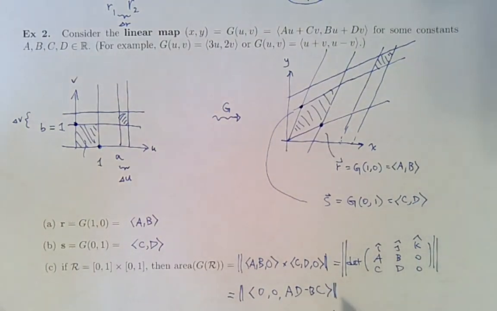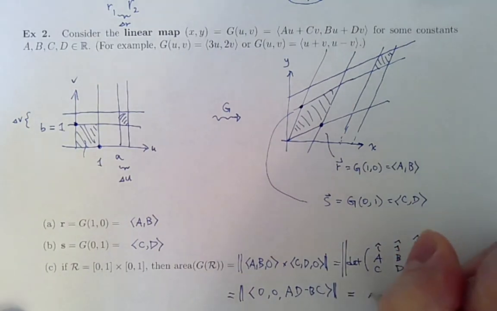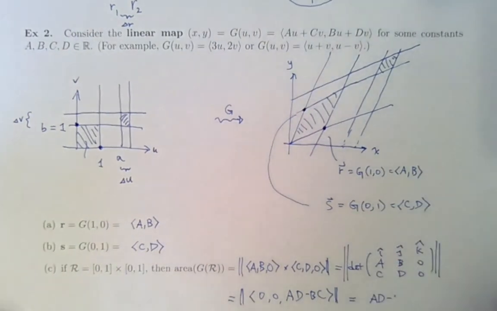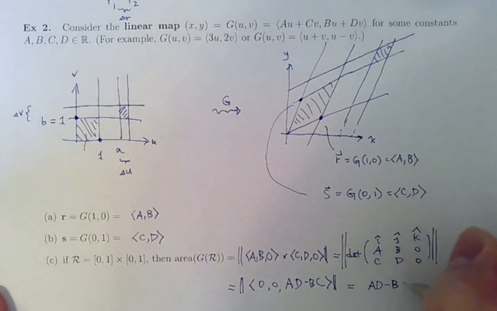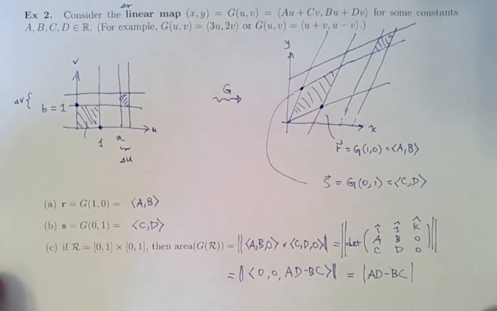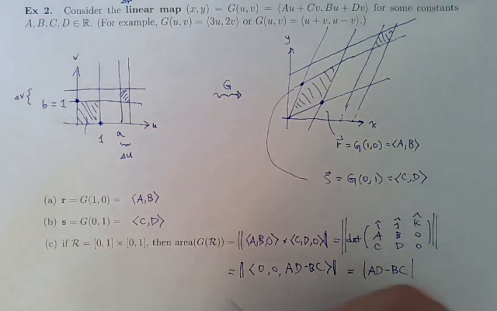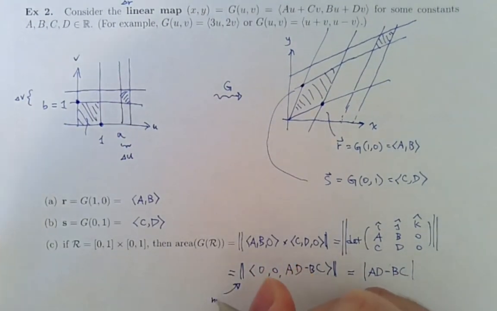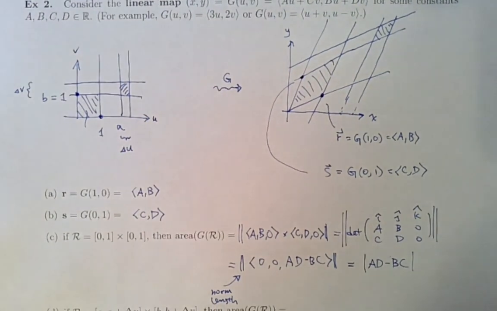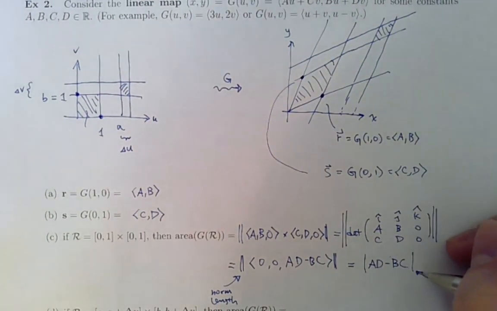The length of a vector like this is equal to AD minus BC. Well, in absolute values. Notice over here I had these norms, length, and over here I have absolute value.